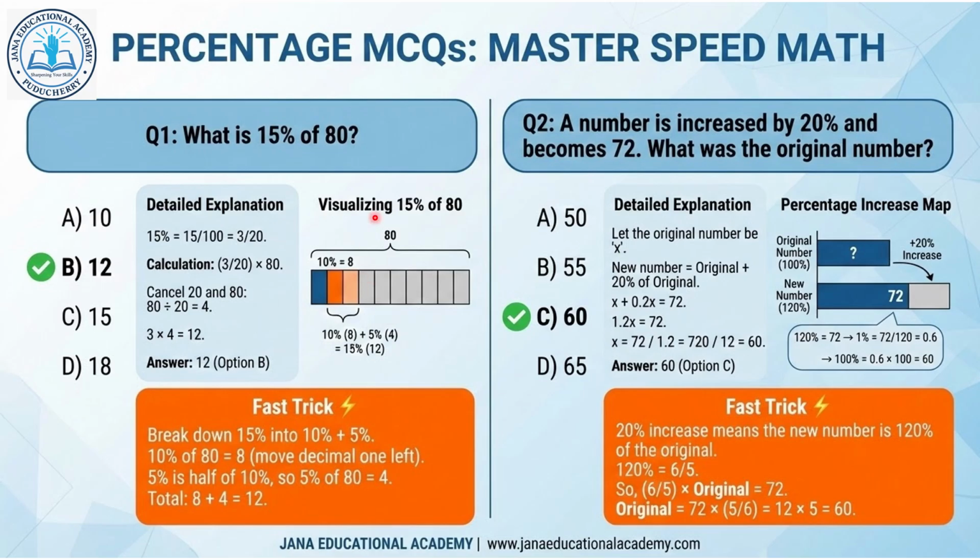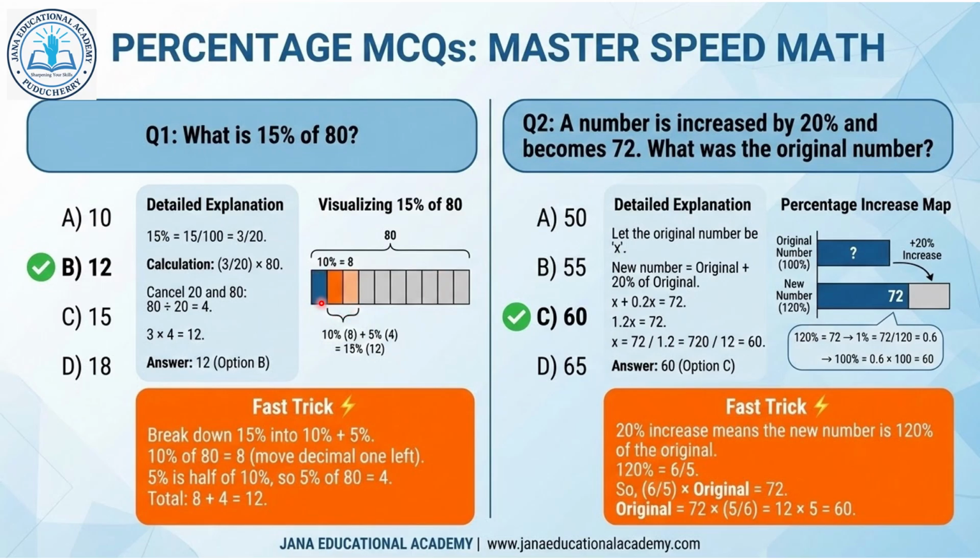Okay. Next is a percentage problem. How to do it fast? What is 15% of 80? Whenever there is a problem like this, you always visualize. Visualize the complete 80, where each part is divided into 10, 10, 10 like that.